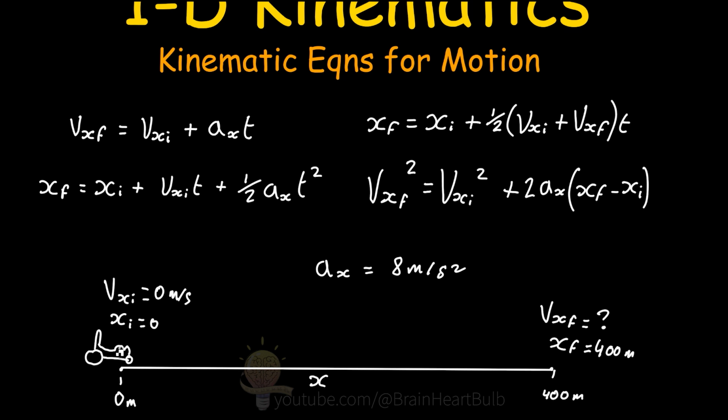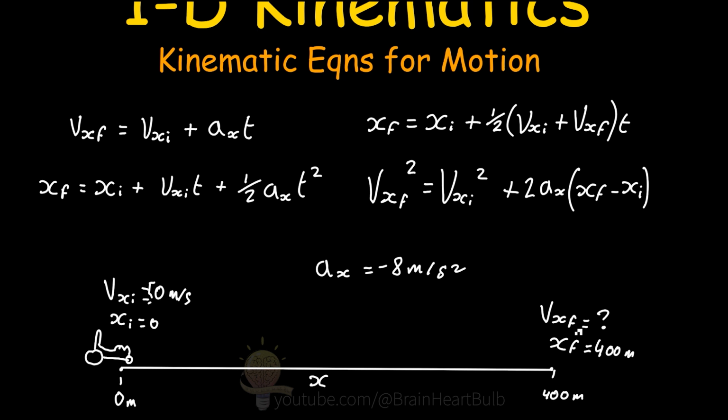Now you could have a situation where you're measuring a deceleration. Say this drag car is moving at 50 meters per second and it's slowing down at a constant rate of minus 8 meters per second squared. The initial velocity would be 50 meters per second, and we'll keep the initial position at 0 meters.